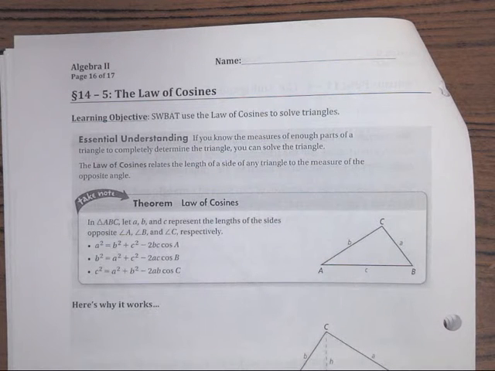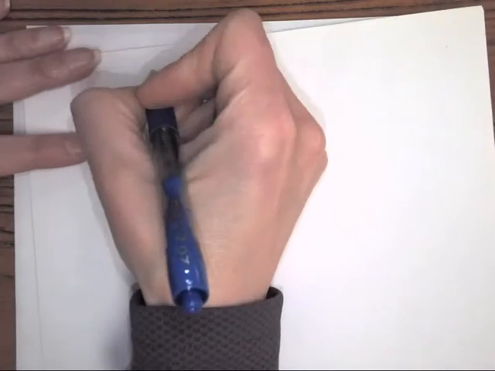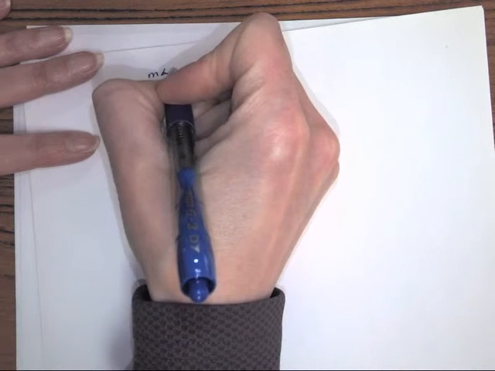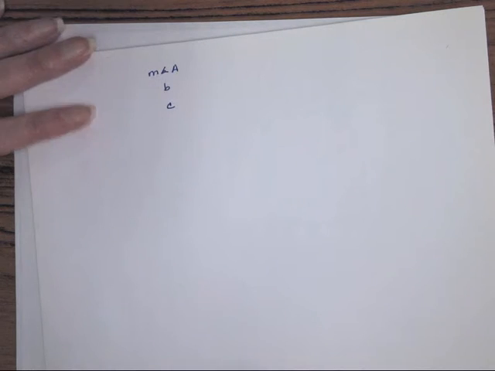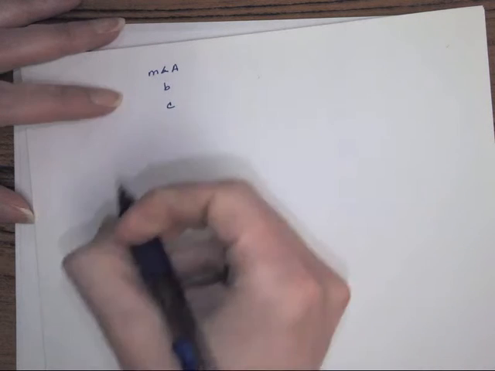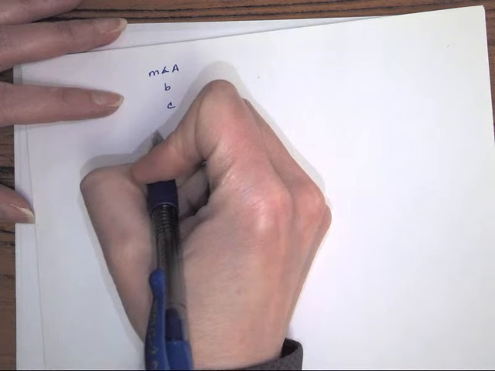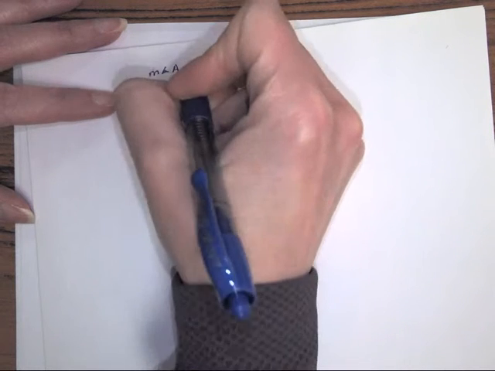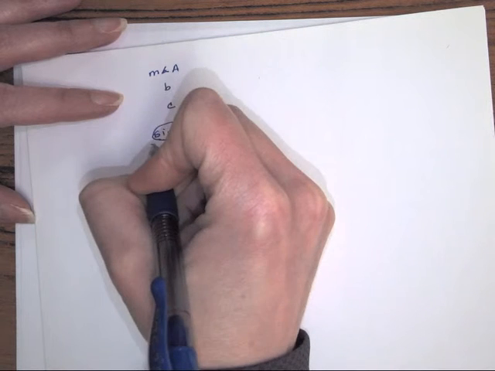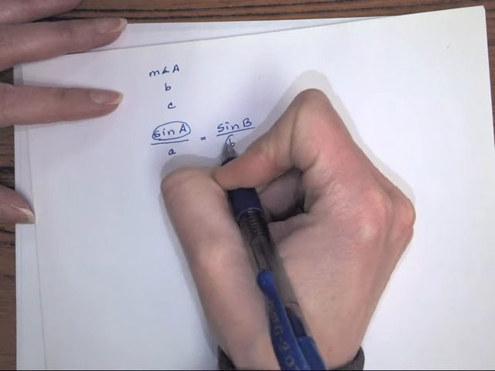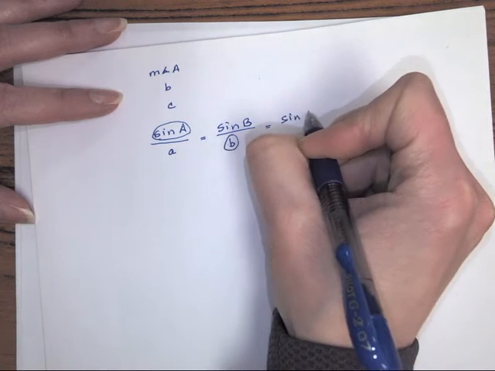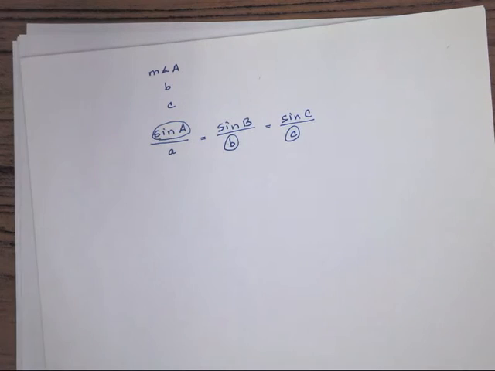As an example, what if you had a triangle and you were given, as your three pieces of information, the measure of angle A, and you were given side B and side C. If you tried to use the law of sines, you would have sine of A over A, which was given to you, and then sine of B over B, and sine of C over C. Do you see how you don't have anything complete here?